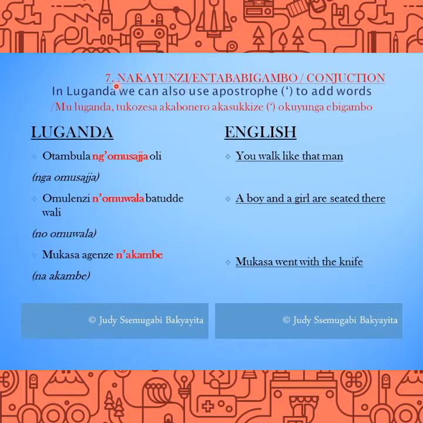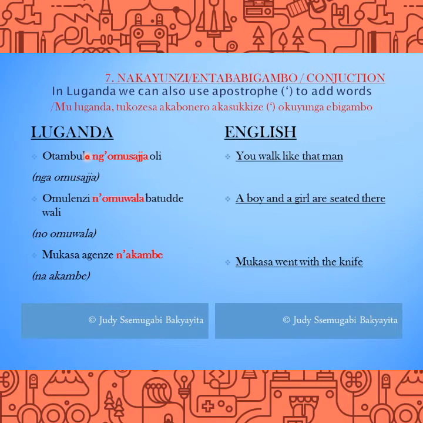We are still continuing with conjunctions. Nakayunzi or ntaba bigambo. In Luganda, we can also use apostrophe, this sign here, to add words. Mu Luganda, tukozesa akabonero akasukkize okuyunga ebigambo.